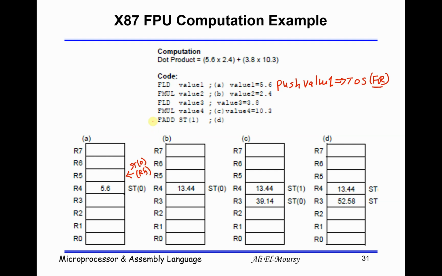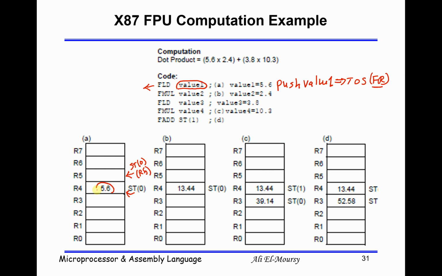After the first FP load, the top of the stack, ST0, is decremented by 1, pointing here, and the value taken from value 1 of the data segment will be stored into the first register here.